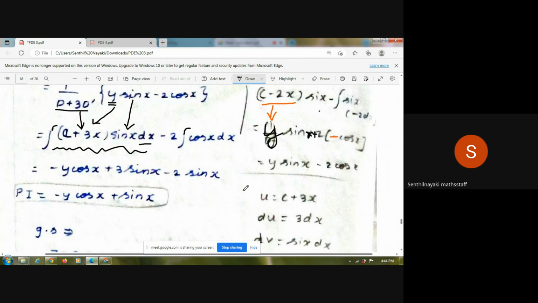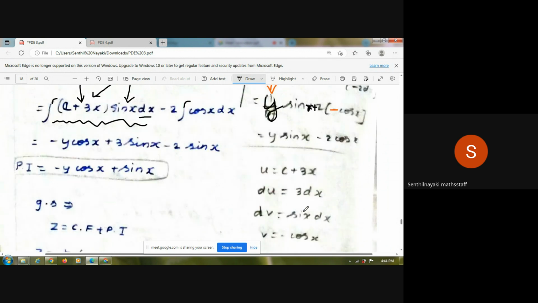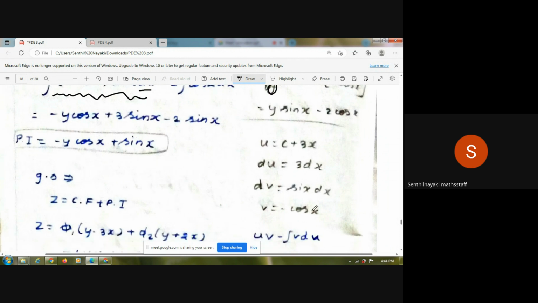But for this first integration, we have to again use integration by parts. Let us see. Here let us assume that c plus 3x equals u and dv equals sin x dx. Then du is 3 dx, v is minus cos x.